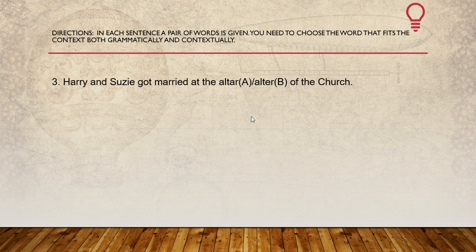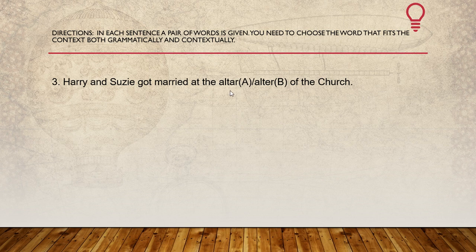During the examination, while in a hurry to mark your answer, you can make it wrong. It will cost you 1.25 marks. You will get minus 1.25 instead of getting 1 mark. So, let us have a look at the meaning of the words altar and alter.